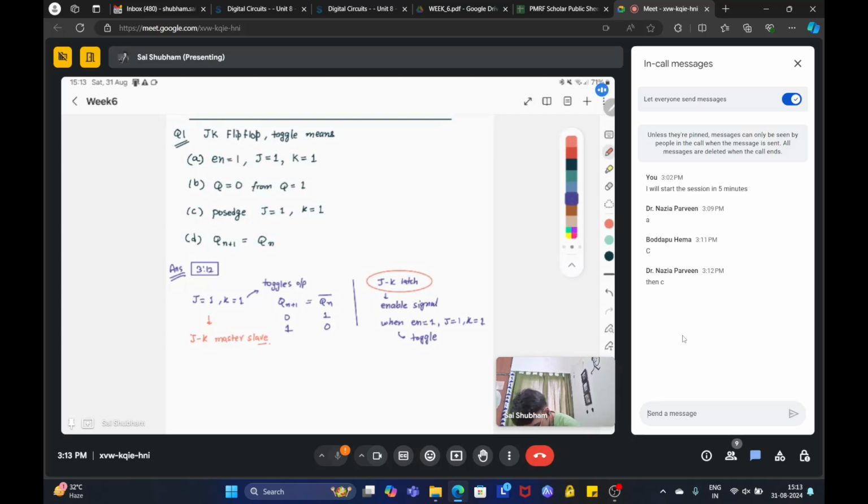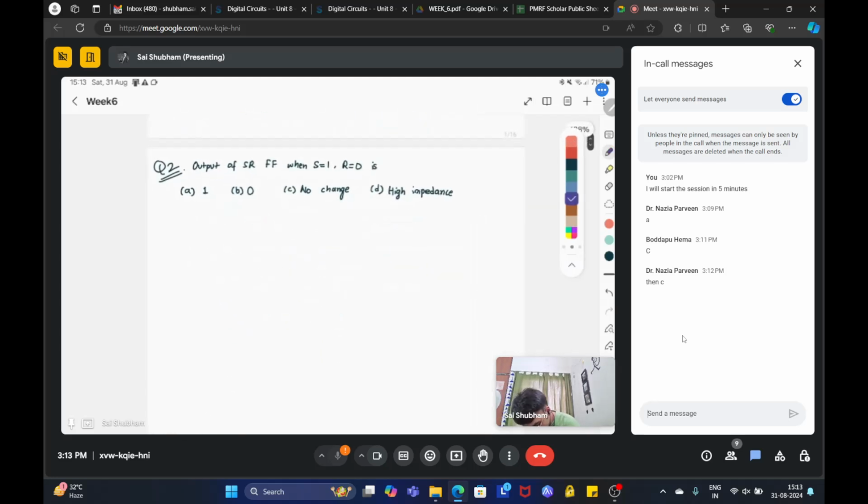Fine. So moving on to the next question. What will be the output of SR flip-flop when S equal to 1, R equal to 0?